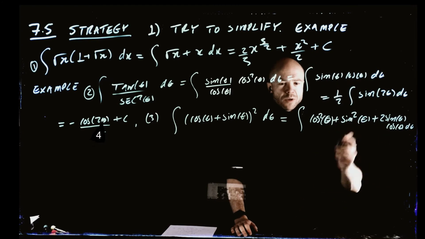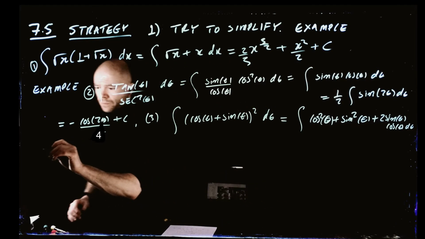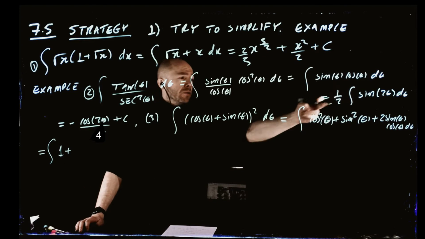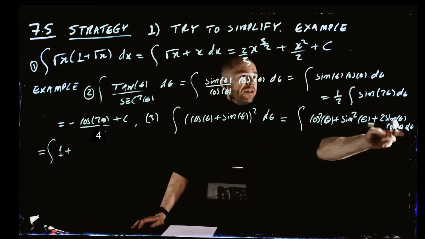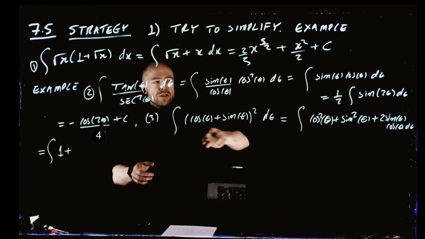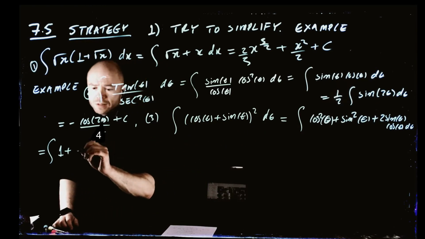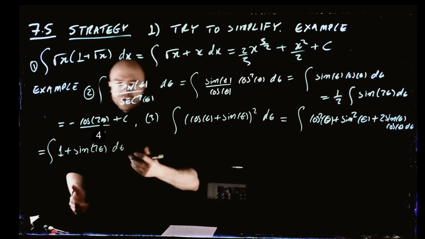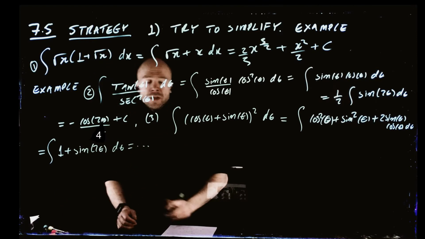Cosine squared plus sine squared is just 1, right? So this is the integral of 1, and then for 2 sine theta cosine theta, we're going to use the identity we just used, that 2 sine theta cosine theta is just sine 2 theta. So then this is this thing, and it's something we can integrate, so it's easy.